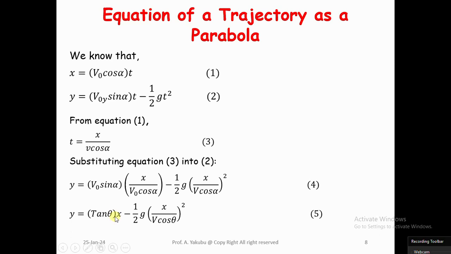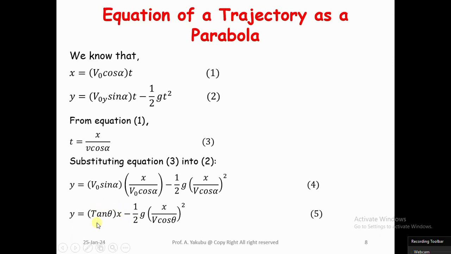I changed it to theta here, but they are all supposed to be alpha. V naught and v naught will cancel out, so you are going to have tan alpha x minus half g x squared over v naught cos alpha squared.